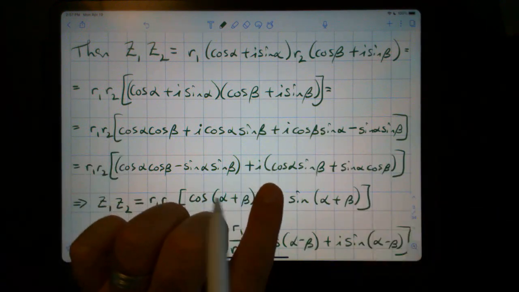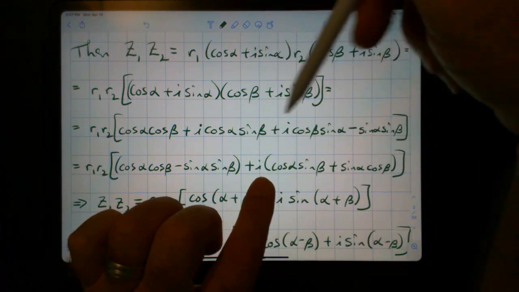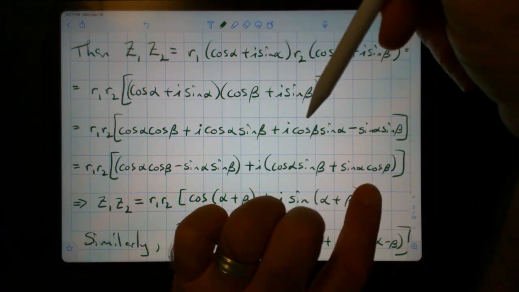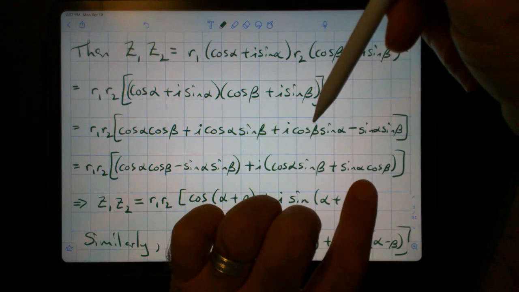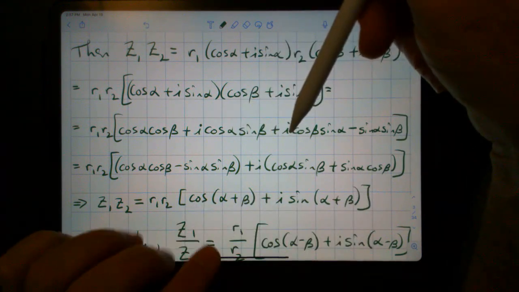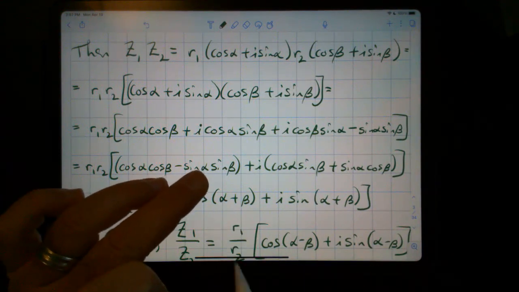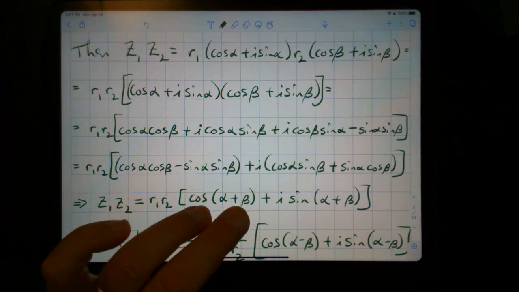And then plus, here we can factor an i out: cosine alpha sine beta plus sine alpha cosine beta. Okay, now this looks like your sum and difference formulas. And so cosine alpha cosine beta minus sine alpha sine beta is cosine of alpha plus beta.